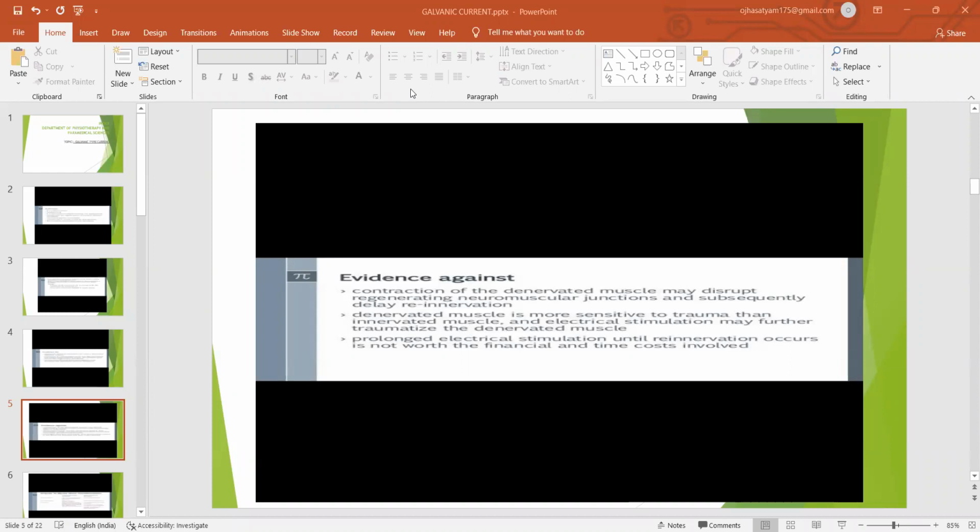Evidence against: the contractions of the denervated muscles may disrupt the regenerating neuromuscular junction and subsequently delay regeneration.